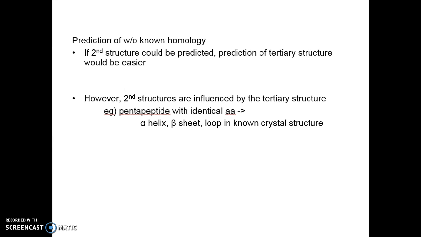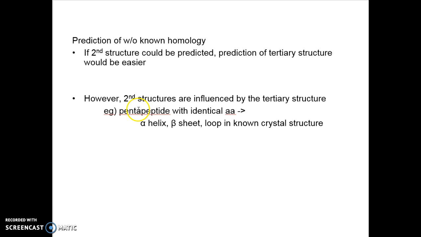We saw some packing issues in chapter 2. Consequently, secondary structure prediction lies at the heart of the prediction of tertiary structure from the amino acid sequence.